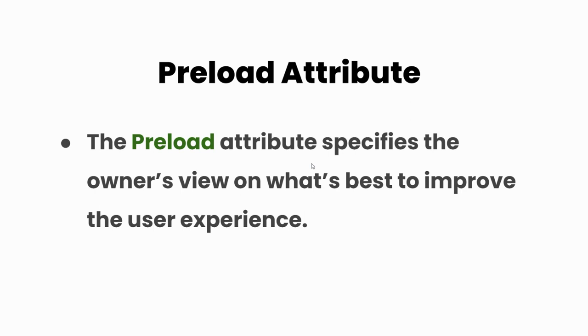Or else, if he wants the audio to be downloaded at the moment you click the play button, the preload attribute will be none. And the third value, metadata, like I said before, contains important information about the audio. So if the owner wants the browser to download that data about the audio at the moment it is rendered on the browser, we would set it to metadata.